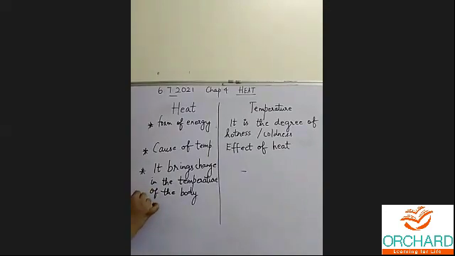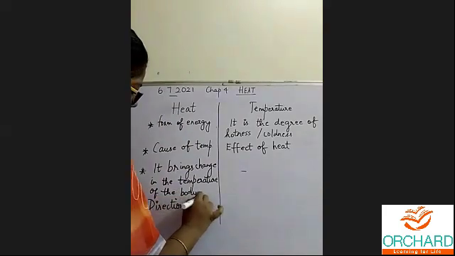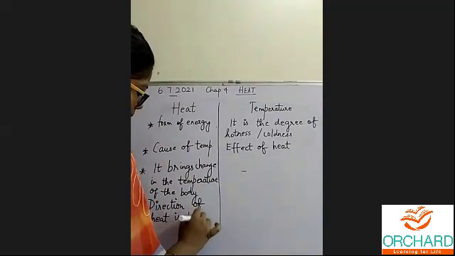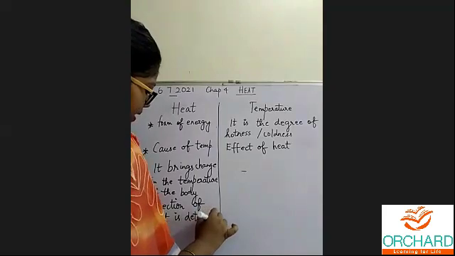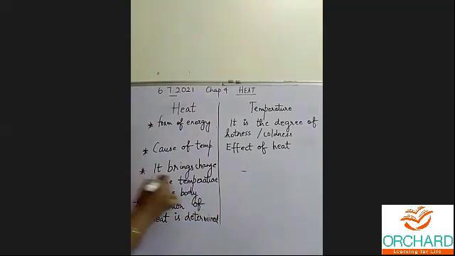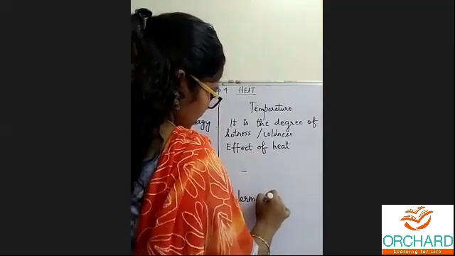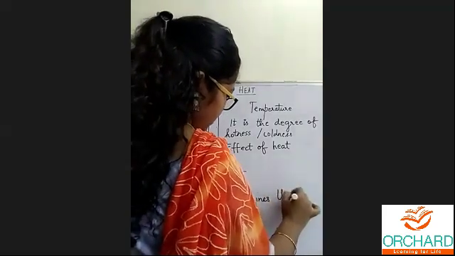Heat flows from high to low. So it does not determine the direction of flow. Direction of heat is not determined, whereas temperature will help you to determine the direction.